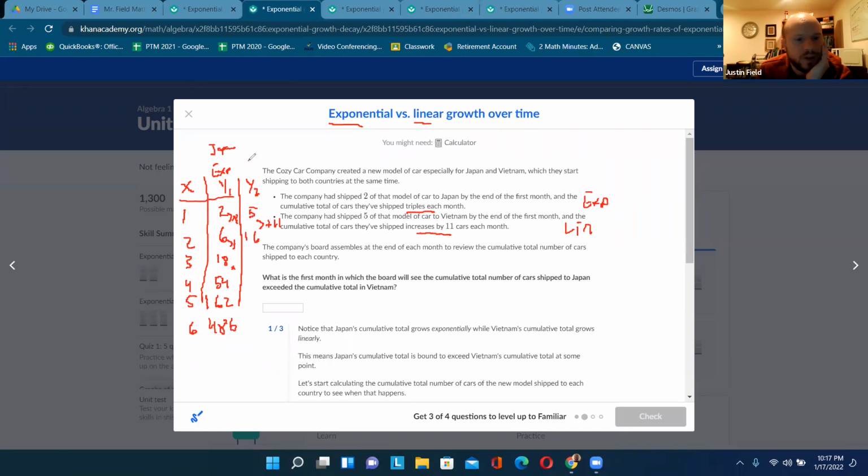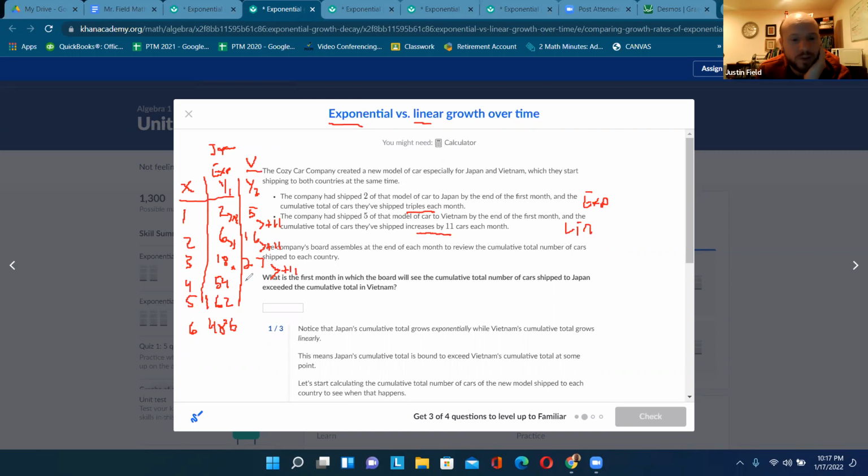So right now, Vietnam is winning. At the end of the second month, they have 16. Japan only has 6. So now we're going to add 11 to 16, which is 27. And it's still winning. So at the end of the third month, Vietnam has got more cars.